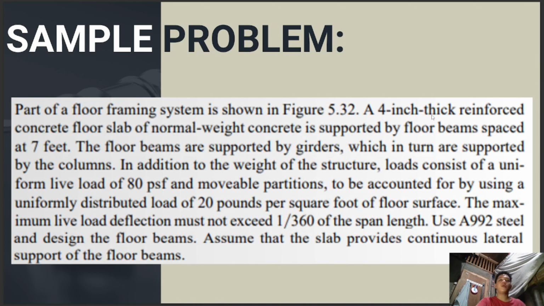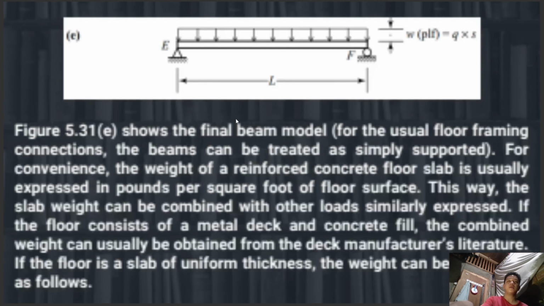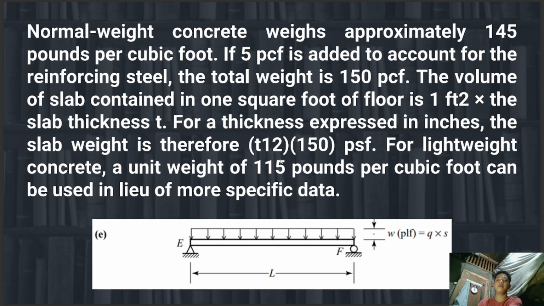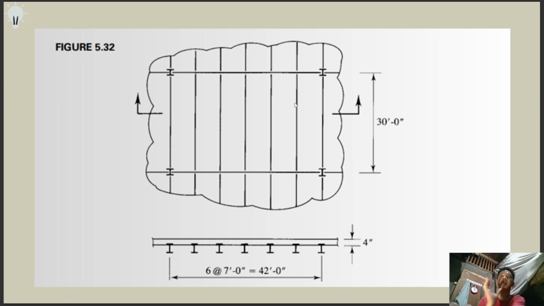For normal weight concrete, the unit weight is 145 plus 5, which is 150 PSF. So that is the weight of the slab. To get pounds per foot, the thickness must be over 12, to convert inches into feet.